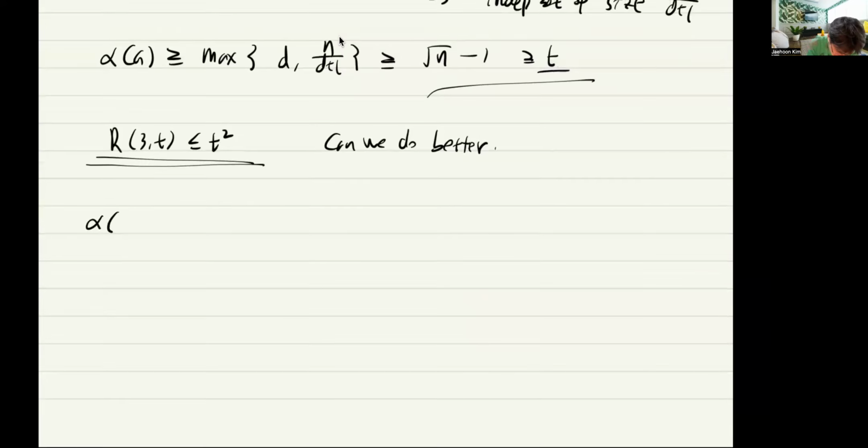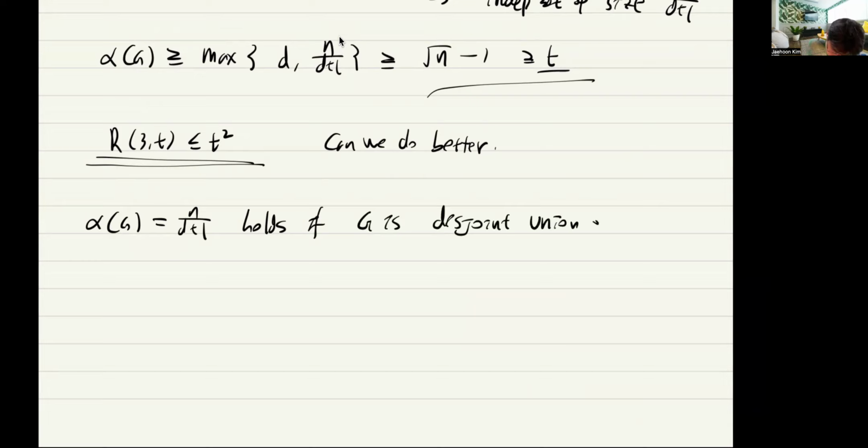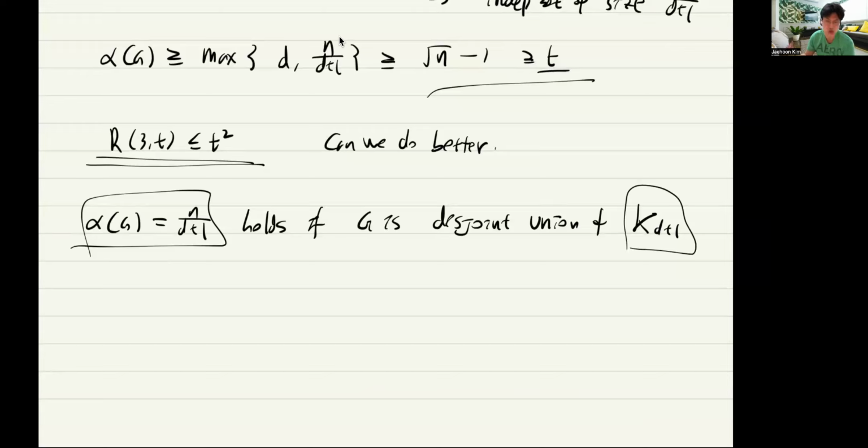So this bound is actually tight. We know that equality holds if G is a disjoint union of K sub t plus 1. Then you cannot do better than this. However, this contains lots of triangles.